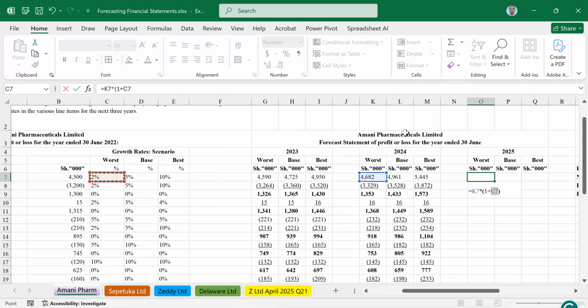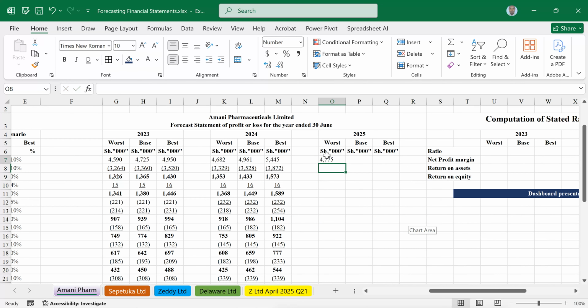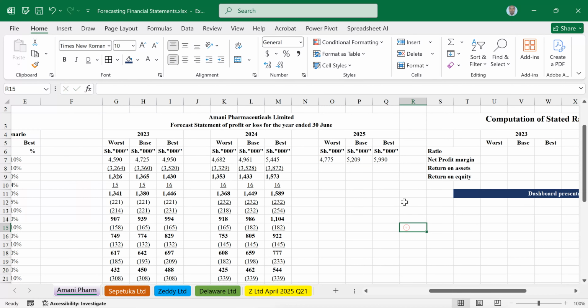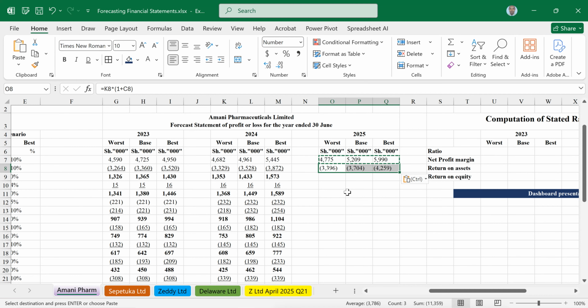And that formula is used throughout the forecasting period. Drag across, and you can see it is based on 2024, but picking the ratios from the original ratios. Copy the same, paste it down, and align that, and get the gross profit.